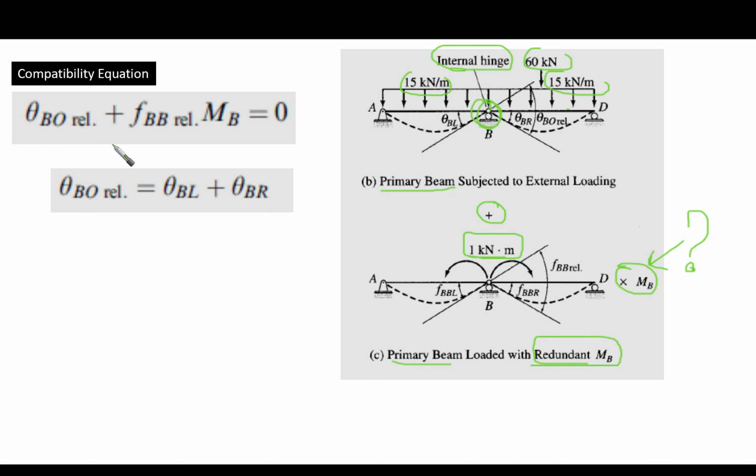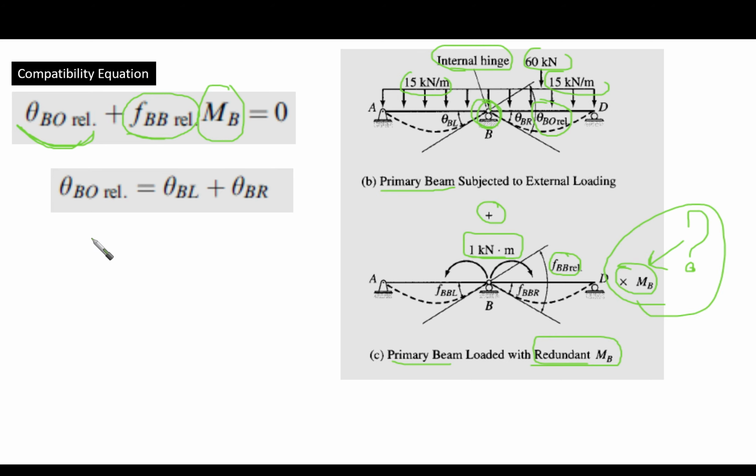Now our compatibility equation, as usual, I think you are familiar with it now. Theta B relative, which is the difference between the slope before B and the slope after B, plus FBB relative, which is the slope before B plus the slope after B due to a unit moment applied at point B, multiplied by MB.